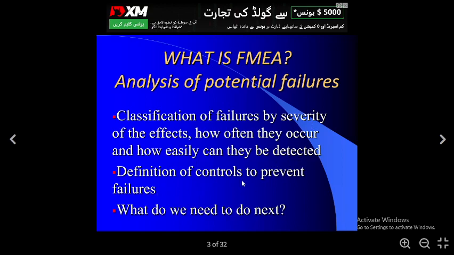Then the definition of controls to prevent the failures, and what we need to do next. If an accident or a failure has happened, some sort of a catastrophe has occurred, what can we do so that it does not repeat? That is where FMEA really comes into its own.